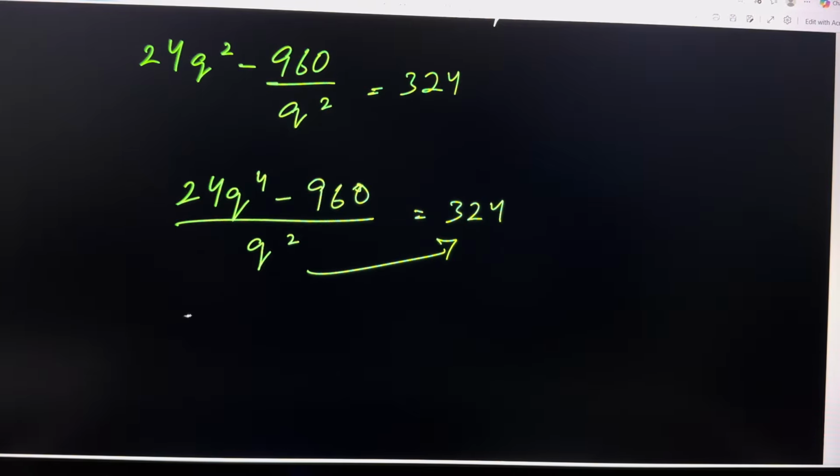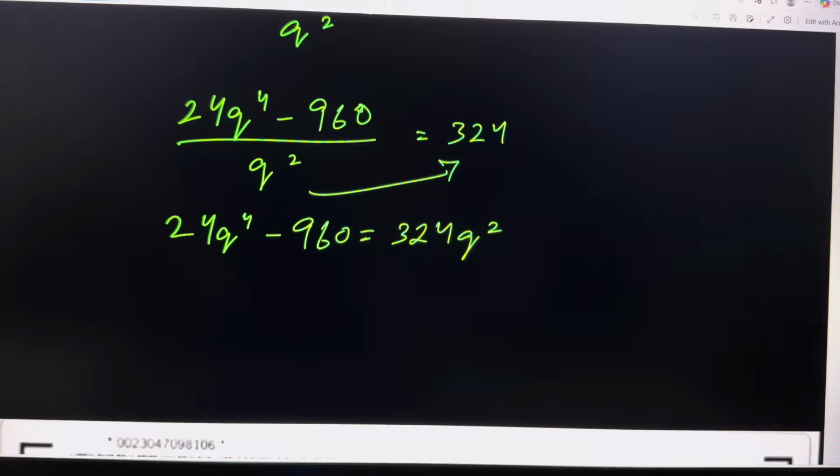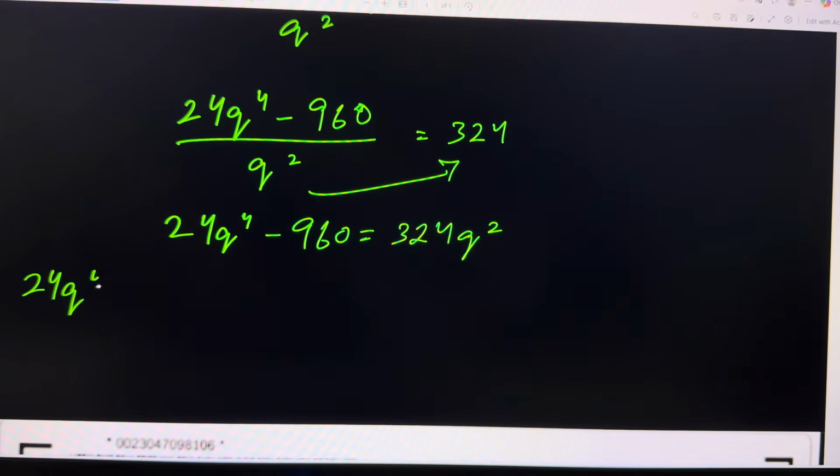So this becomes 24q^4 minus 960 is equal to 324q squared. So we'll bring it to this side. This becomes 24q^4 minus 324q squared minus 960 is equal to 0.